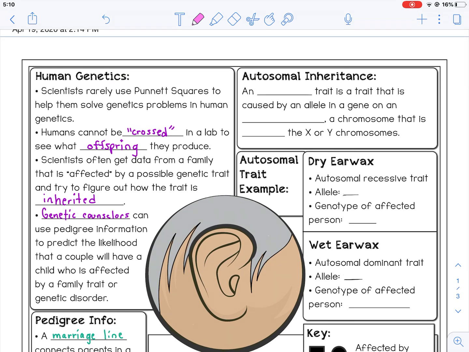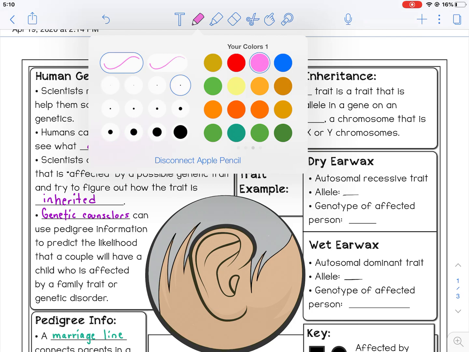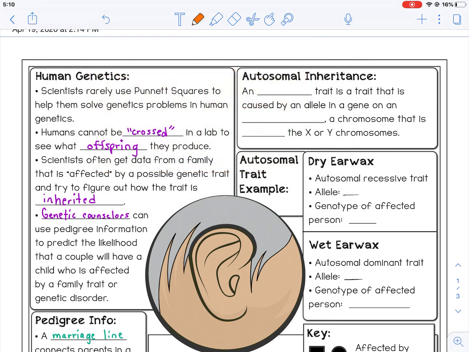Okay, so let's figure out how this works. So a little review. An autosomal trait. So we talked about X-linked or sex-linked traits recently. Right now we're going to talk about autosomal inheritance.